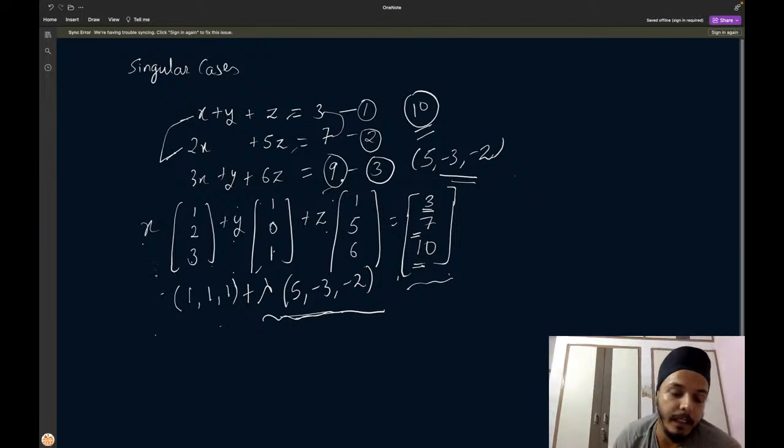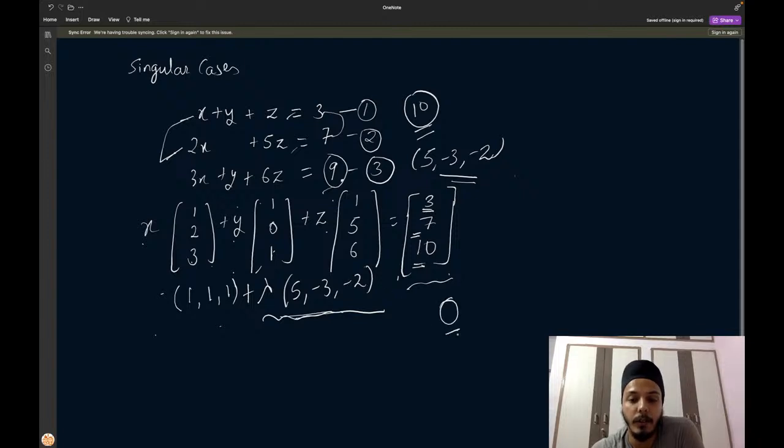Let me just repeat that portion. For 3, 7 and 10, this 1, 1, 1 vector will always produce 3, 7 and 10, and 5, minus 3 and minus 2 always produce 0. So if you add 0 to this vector 1, 1, 1, you will always get this vector.